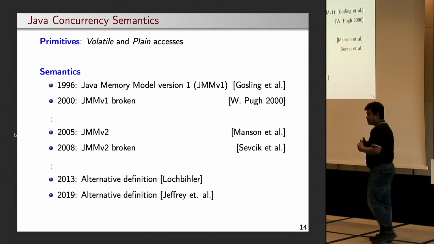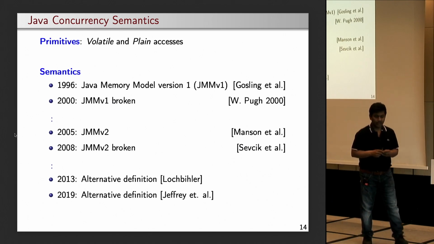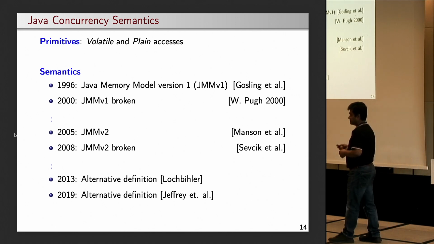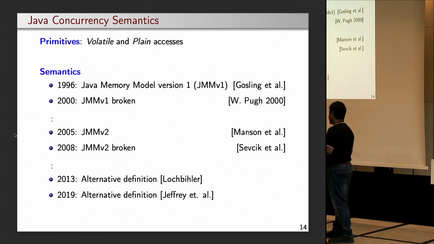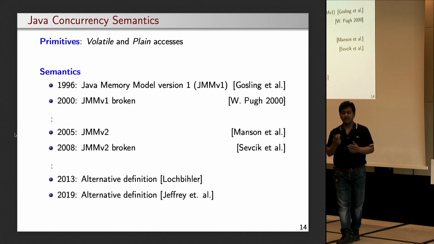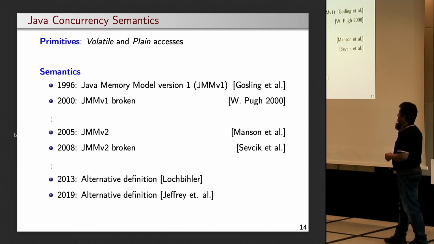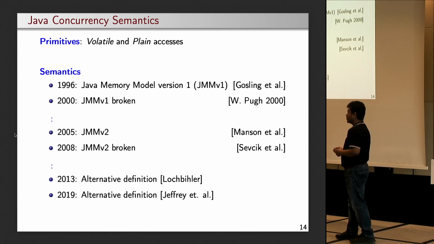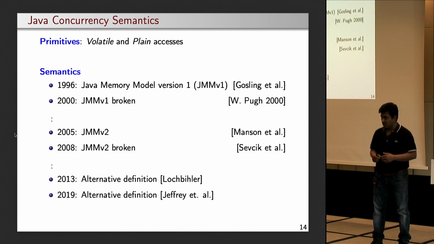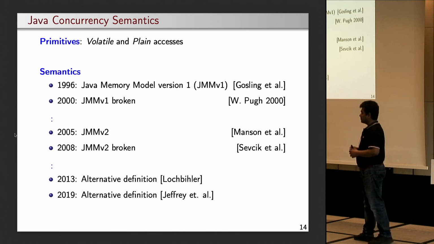This model was extended in Java to define a semantic model, and the first Java memory model came in 1996. But it was found that it did not agree with all the optimizations performed in the then JVM HotSpot compiler. So in 2000, they found that the model is broken. There were efforts to fix this model, and the second version was proposed in 2005.